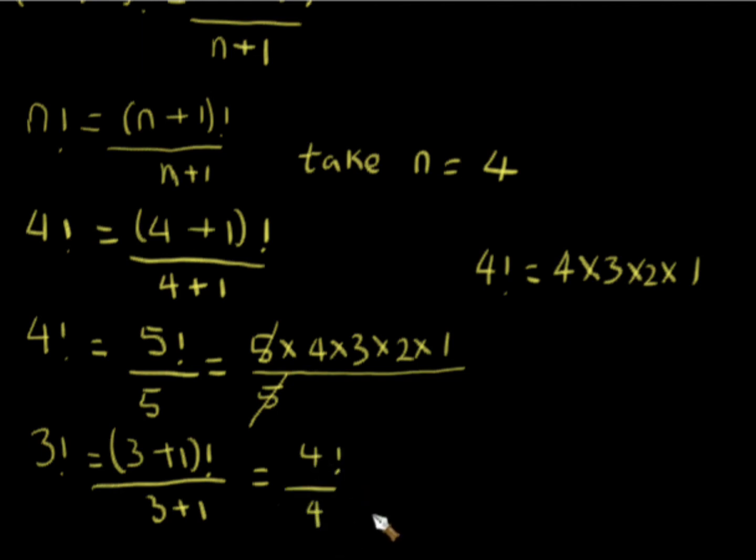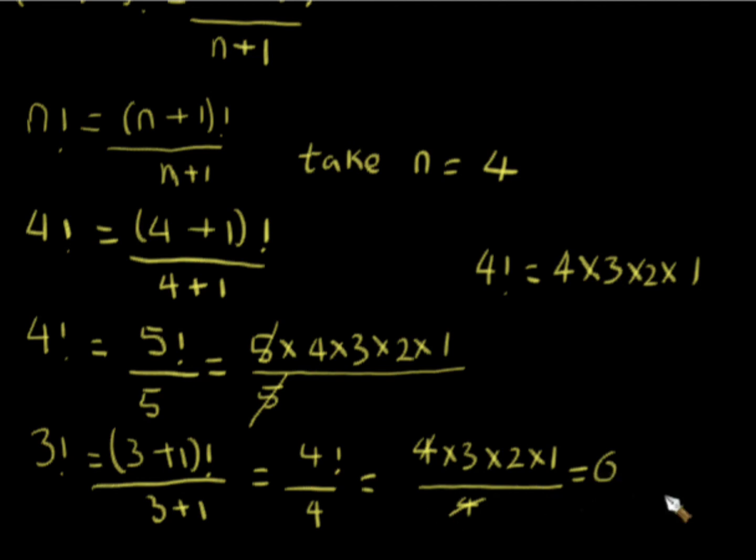So this gives us 4 factorial divided by 4, and this would be equal to 4 times 3 times 2 times 1 divided by 4. So 4 cancels out and we are left with 3 times 2 times 1, which would be 6.